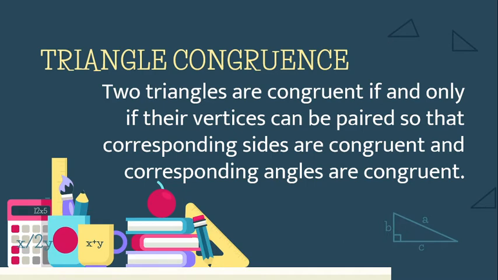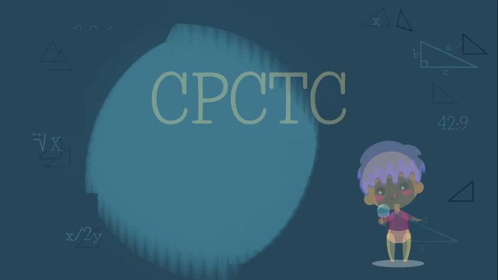So, example natin is yung palm natin. Kailangan yung mga fingers natin is tama siya sa isa't isa. Doon lang natin masasabi na congruent yung ating hands. So, parang ang vertices natin ay yung mga fingers natin. Okay.